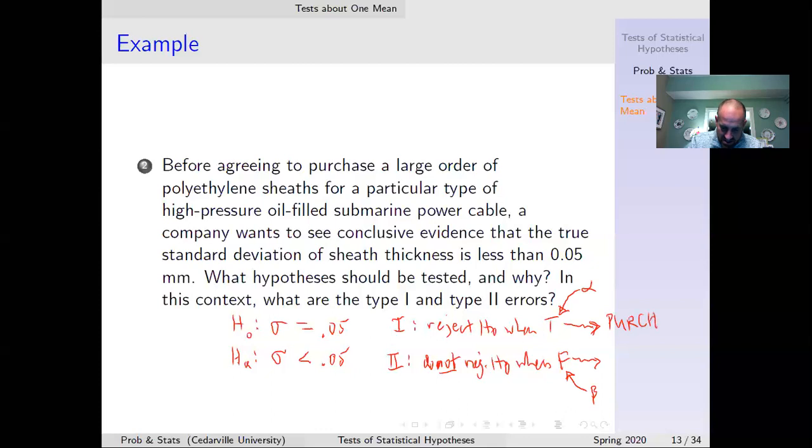What if I do not reject the null when it's actually false? Well, then I'm still going to believe that the sheath standard deviation is 0.05, and I won't make the purchase. So this is no purchase.